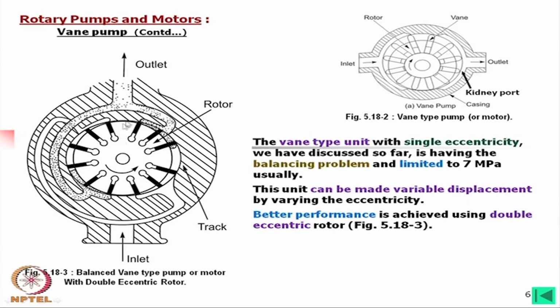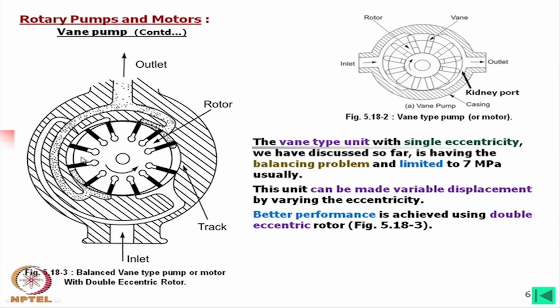This has a major axis and a minor axis. And this is completely circular, and while it is rotating, it will have two suction and two delivery sides. You can see these are connected, this is suction and this is delivery.